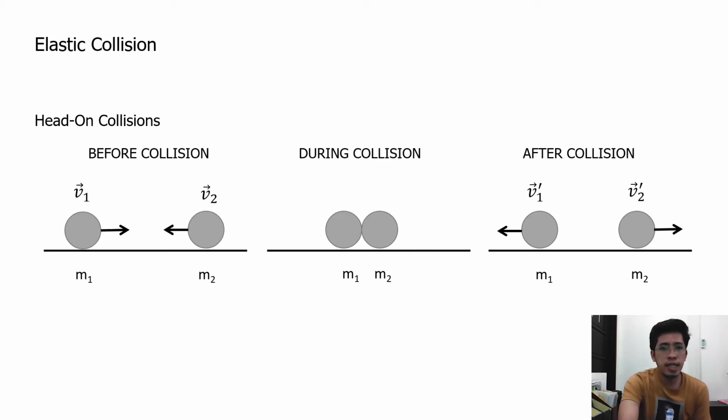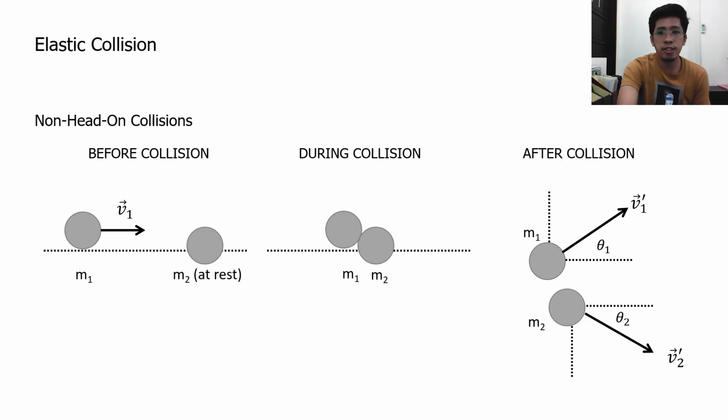Another example is for non-head-on collisions. When you have a non-head-on collision, the centers of mass do not align during the collision. So let's say that your M2 is again at rest, and then your mass 1 is going to hit your M2. If you're familiar with billiard balls, you will see that for a non-head-on collision like this one here, your mass 1 will still move to the right, but at some angle theta 1, and then your mass 2 will also move.